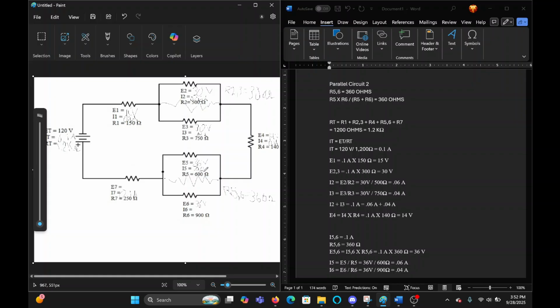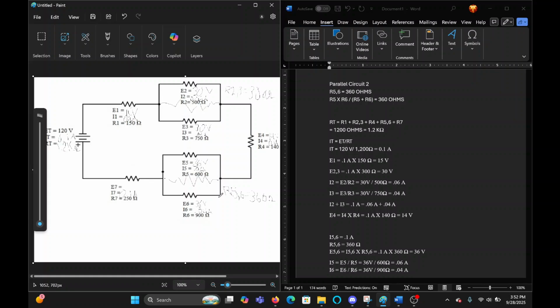0.06 amps. I5 equals E5 divided by R5, which is 36 volts divided by 600 ohms, equals 0.06 amps.